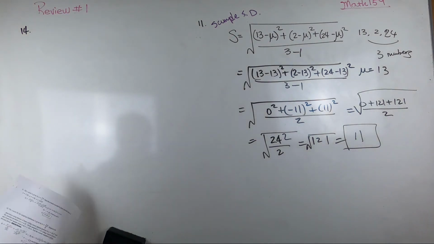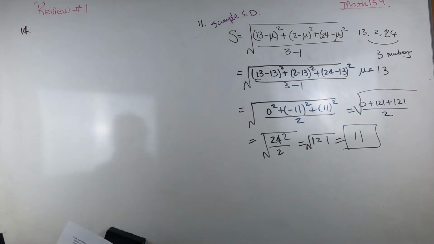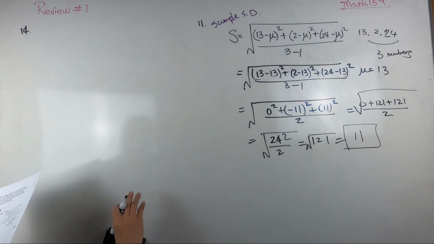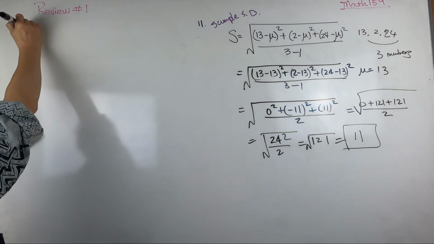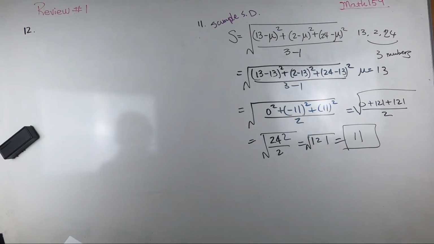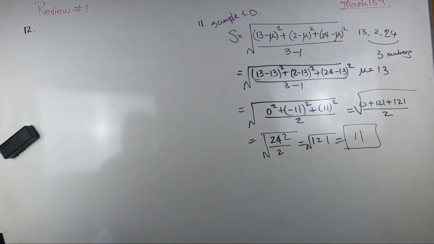Next one, on page 4 of the review paper, numbers 11, 12. It says the time it takes a mechanic to change the oil on a car is uniformly distributed between 11 and 30 minutes. That means the time is anywhere between 11 minutes and 30 minutes, depending on the situation.